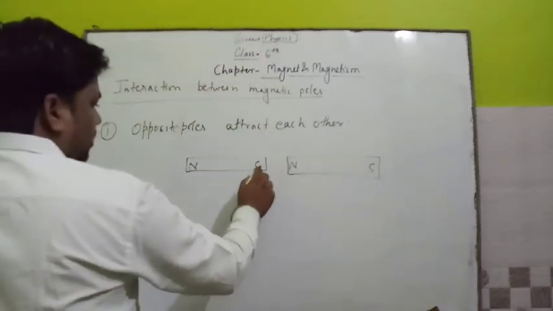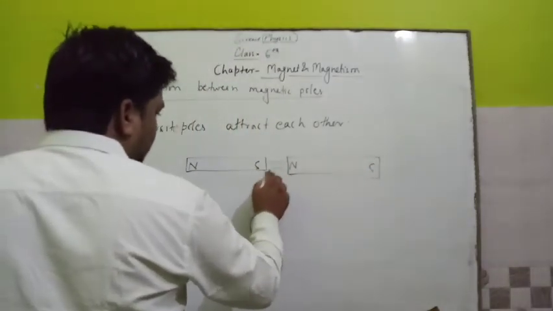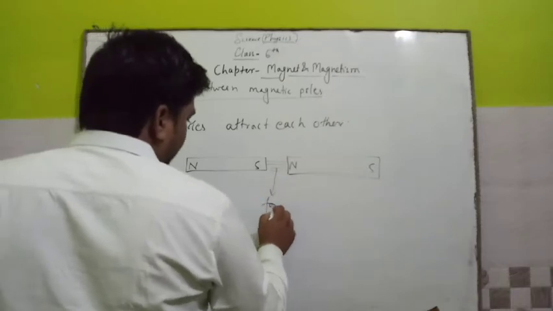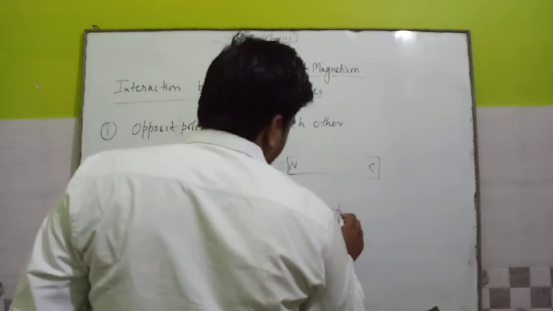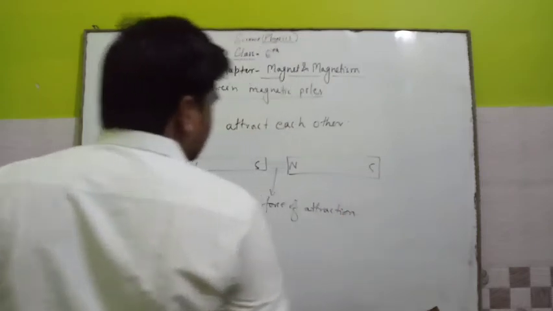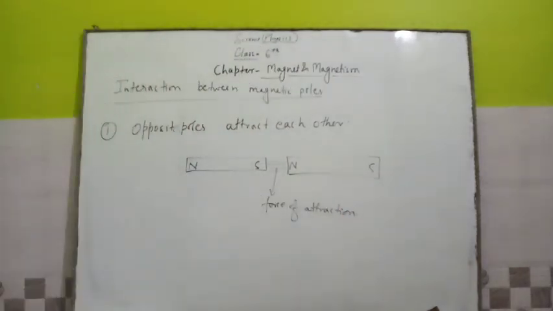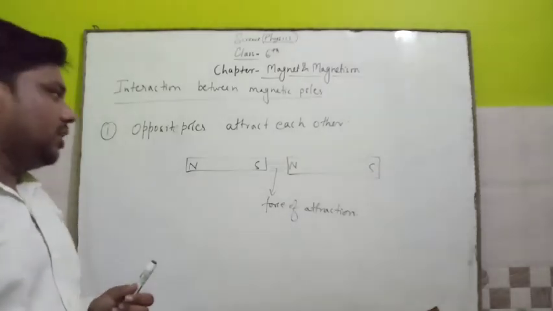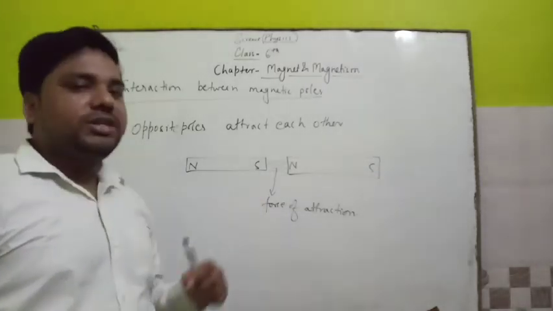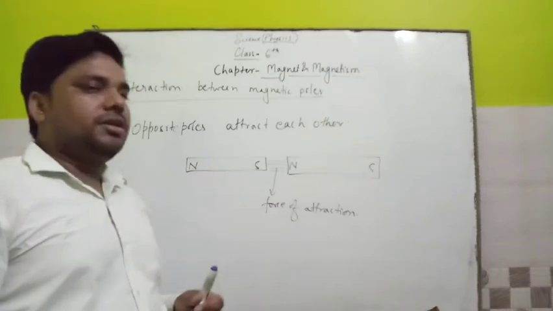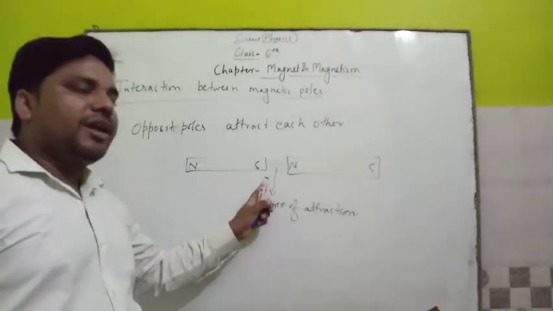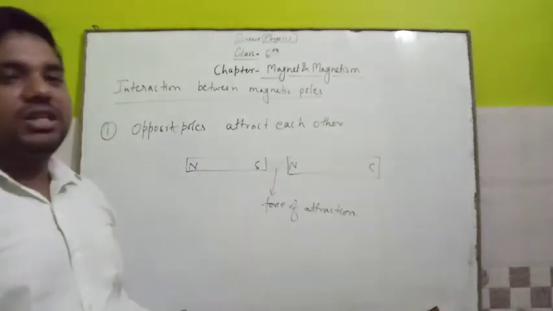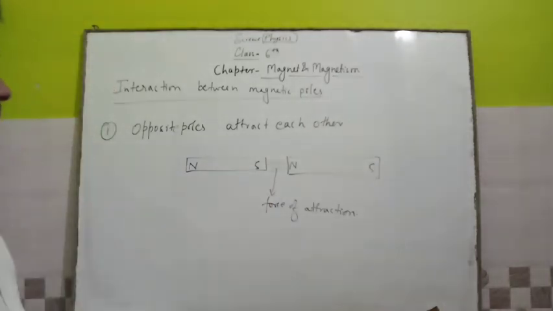Then this north and this south attract. This is the force of attraction, south and north. Clear? Because both poles are opposite in nature. Opposite poles or unlike poles attract each other. Clear?